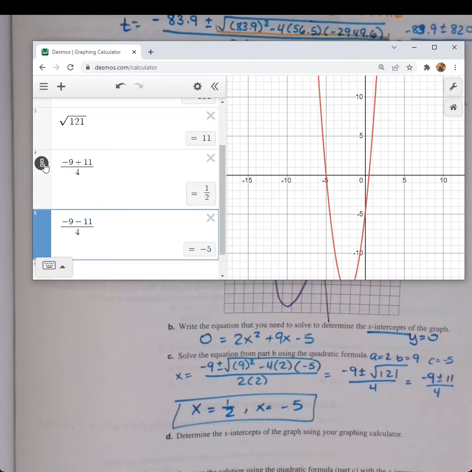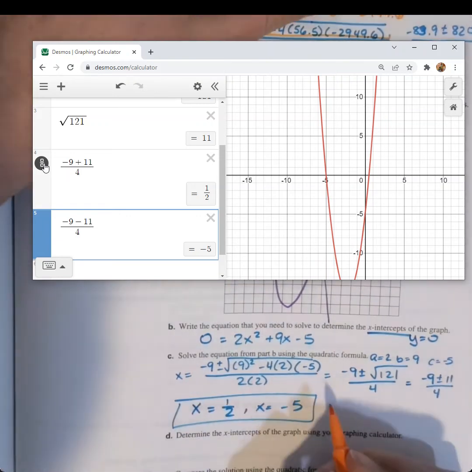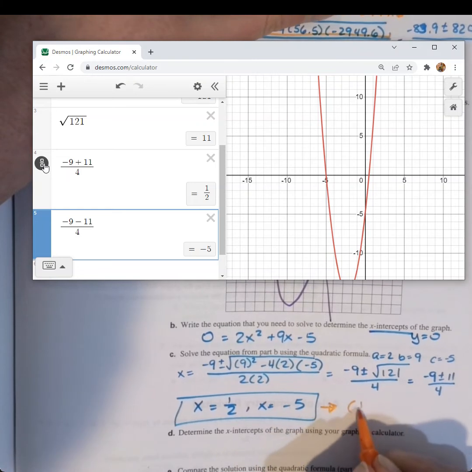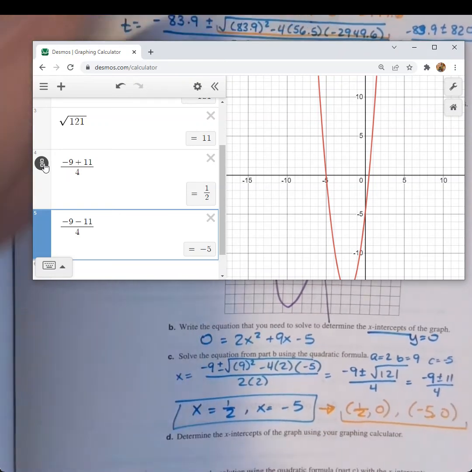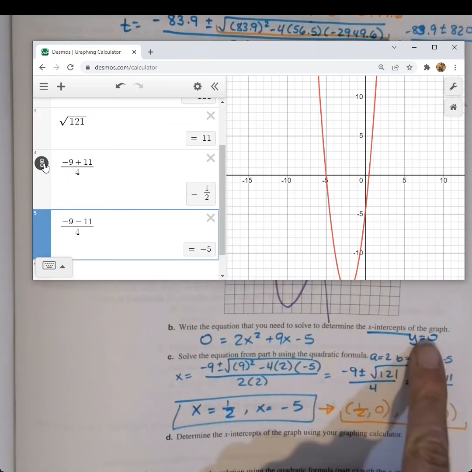Okay, and so technically those are x-intercepts. They should be ordered pairs. So the ordered pairs would be 1/2, 0, and -5, 0. I found the x-coordinates of the x-intercepts, but the x-intercepts are going to be the ordered pairs, and I knew the y value was going to be 0.